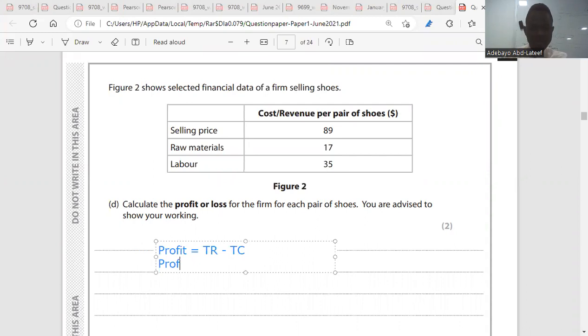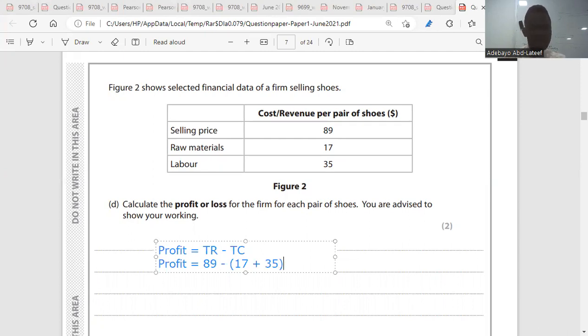Profit is equal to total revenue, which is the selling price, 89, minus the cost price, which is 17 plus 17 plus 35.